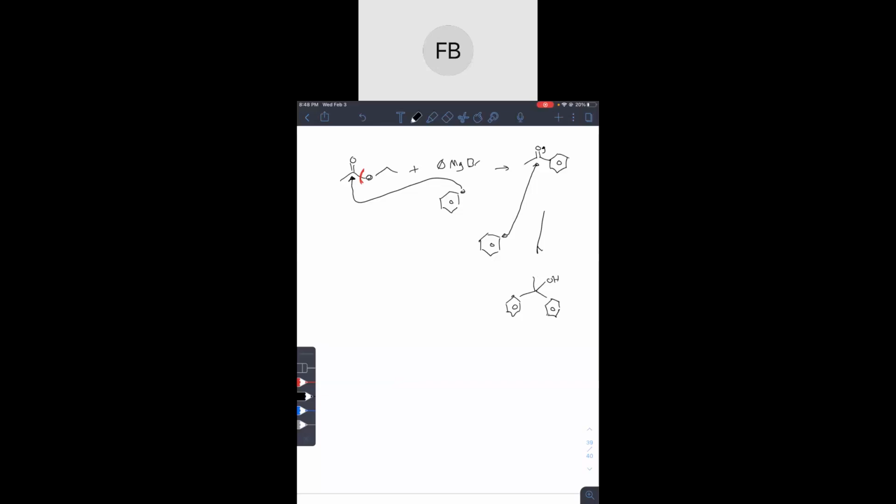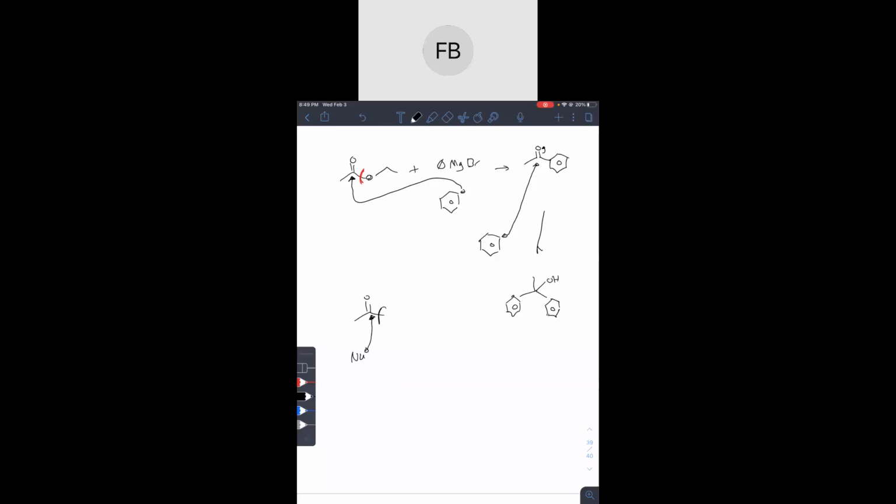One thing I would caution you guys is don't ever break off a carbon. If I had something like this, and I was trying to get this nucleophile to substitute on, don't break off a carbon. You can't break off carbons.